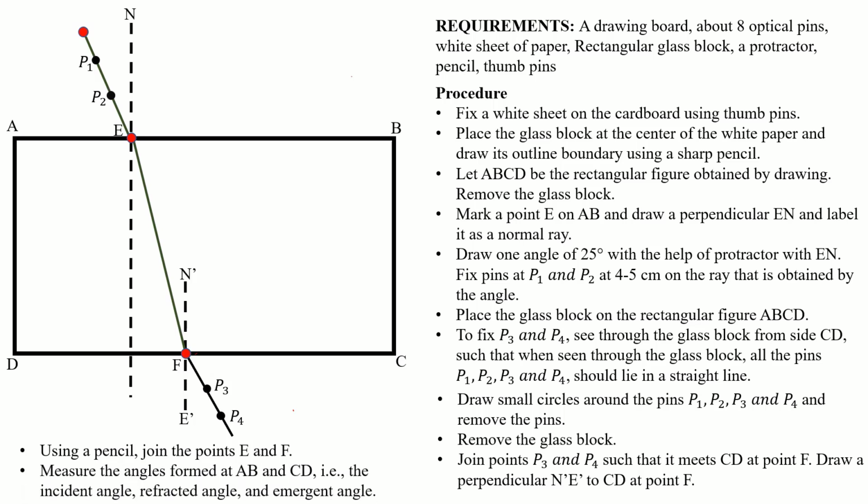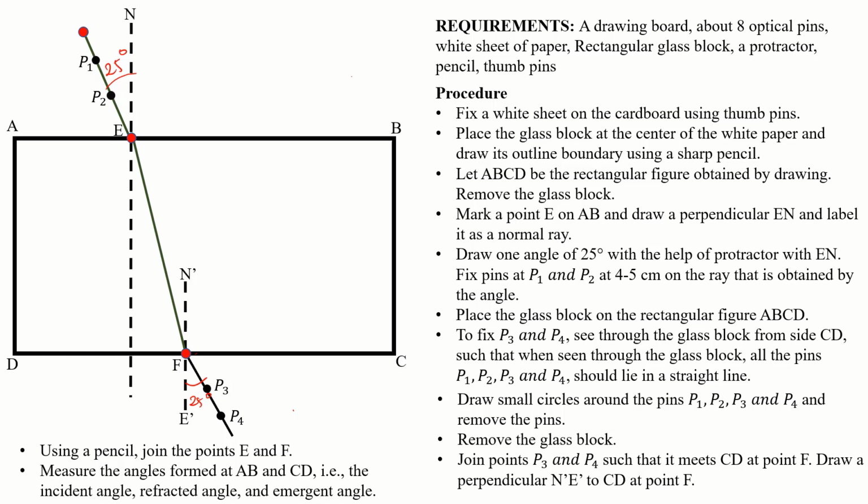Okay, so the next thing we do is we measure the angles formed at AB and CD, that is the incident angle, refracted angle, and the emergent angle. Now the emergent angle, after measurement, you will realize that this emergent angle will be the same as the incident angle, but our incident angle was 25 degrees, so here too we should have 25 degrees upon measurement.